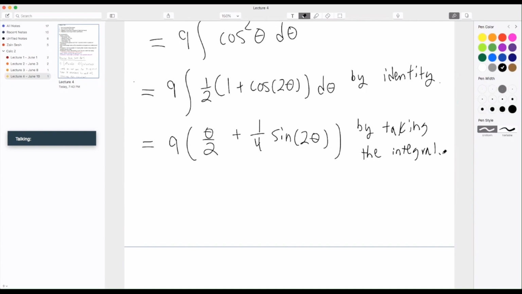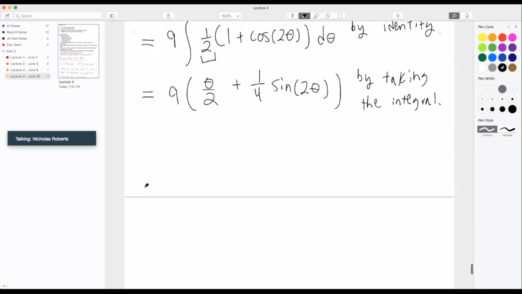I hope that's cool with everyone. The integral of cosine 2 theta, a 1/2 pops out by u-sub, and that 1/2 combines with this 1/2 to create a 1/4. That's why there's a 1/4 here.